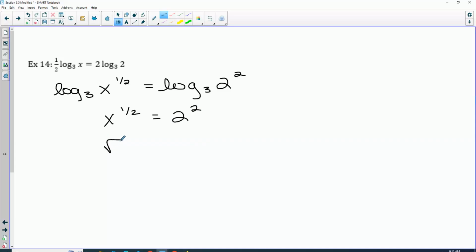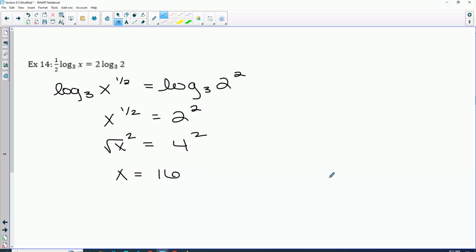X to 1/2, that means the square root of x. 2 squared is 4. How do you get rid of a square root? Square each side.